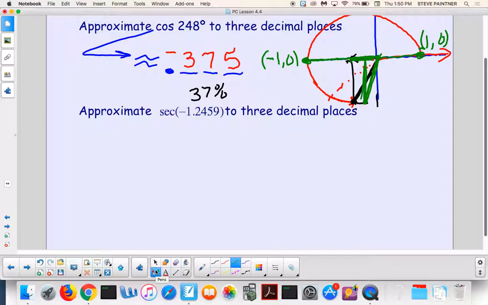So you're going to do the cosine button. Cosine and secant go together. They're reciprocals. So your answer is, okay, Zach. 1.000. Okay.